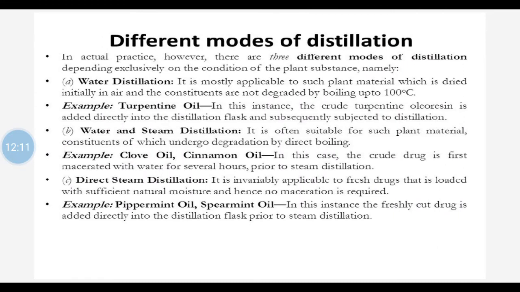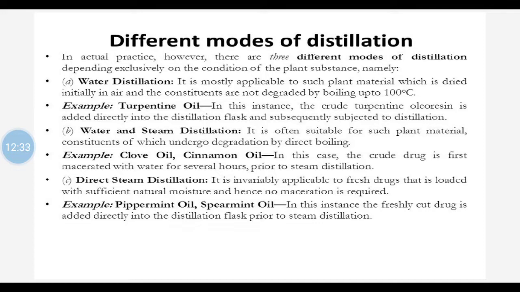Now, there are three techniques of obtaining or separating oil from the drug. One is distillation. Now, in this distillation, it may be water distillation, or it may be water and steam distillation, or direct steam distillation.